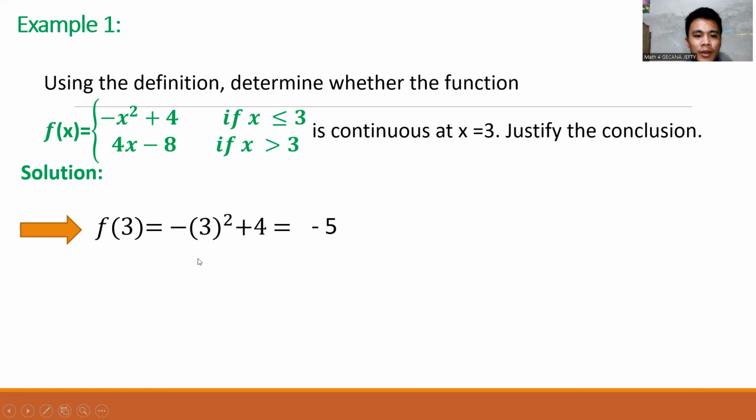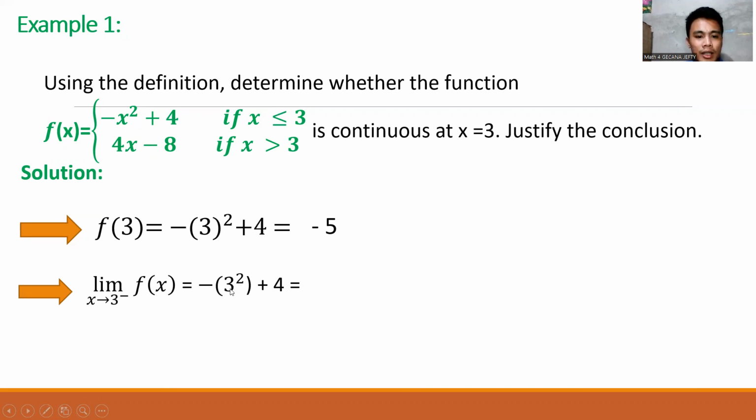In condition 2, we will determine the limit from the right and the limit from the left. If the limits are equal, we can say that the limit of f of x as x approaches 3 exists. First, we determine the limit of f of x as x approaches 3 from the left. We use the function for x less than or equal to 3, which is negative x squared plus 4.